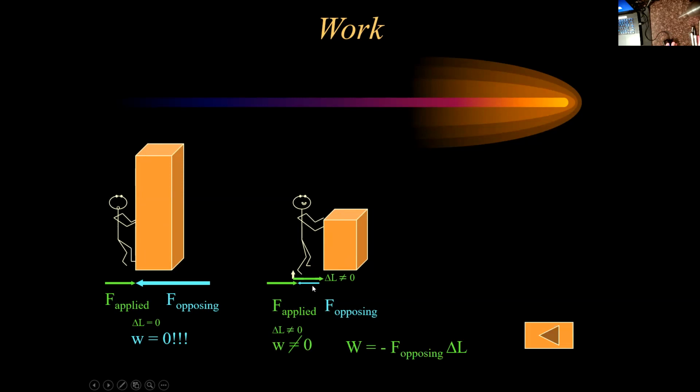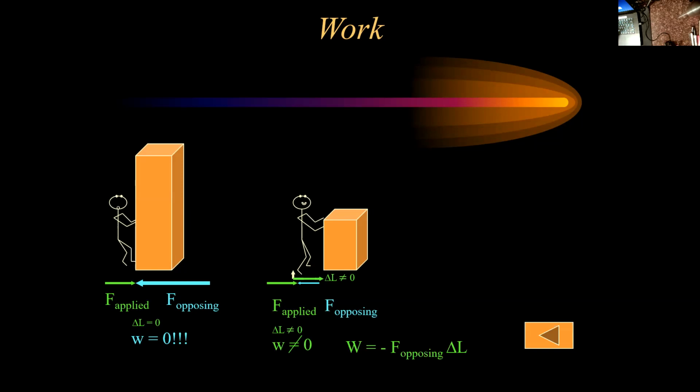And notice the amount of work was proportional to this blue force, the resisting force. It's the force of opposition. Very often textbooks say that, but then they never write it out. It's just work is minus F delta L, and it makes the assumption that the force is the same as the force you apply.